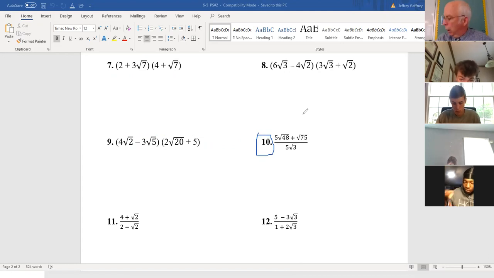All right. Let's see. I'm looking here. Before we do anything, let's see if we can simplify. I know I can't simplify anything in the denominator, but I can in the numerator. Tell me something about 48. Anybody?